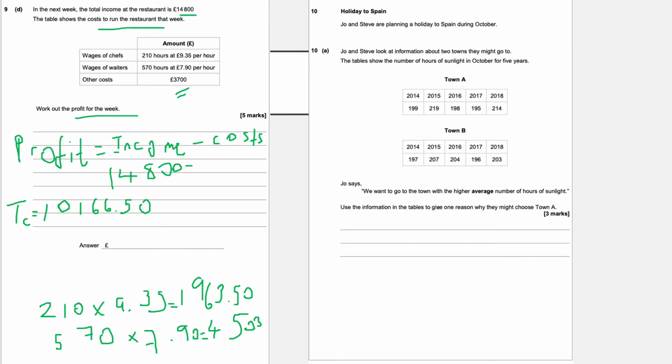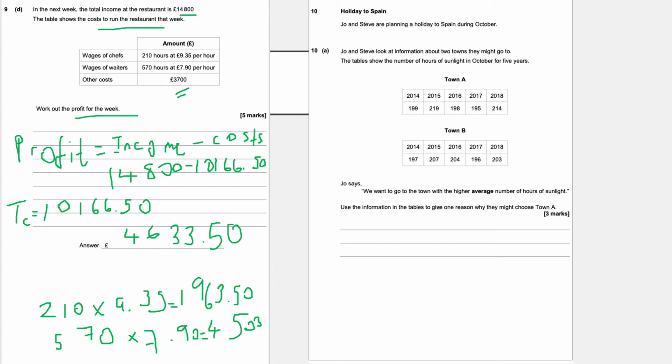Going back to the first formula, sorry, 14,800 take away £10,166.50 is going to give us an answer of £4,633.50.